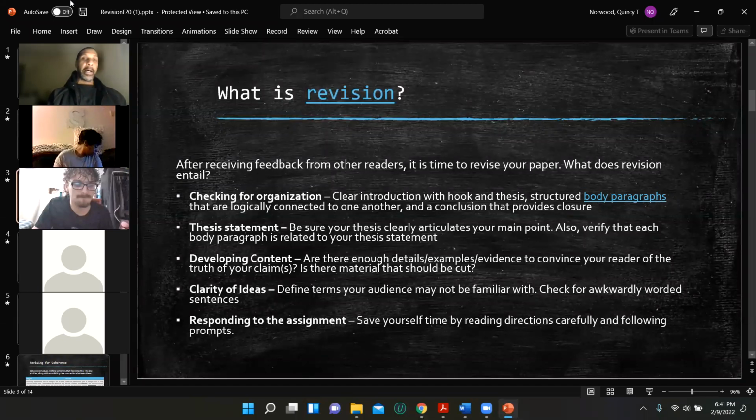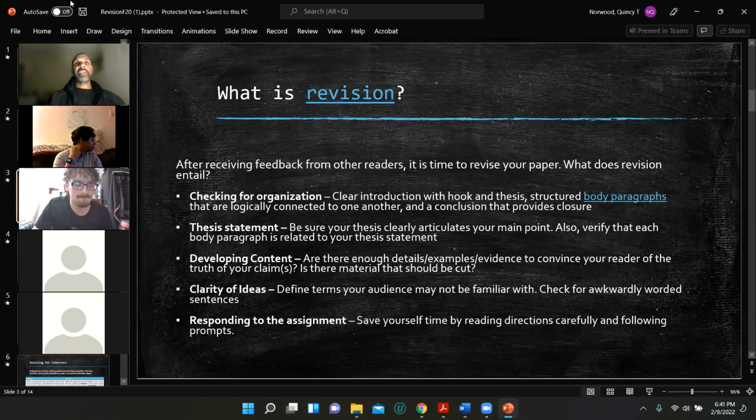Don't have giant, supersized paragraphs, because it's kind of like being in a conversation with someone who isn't giving you time to digest what they're telling you, right? So break it down. When you're switching to a new idea, start a new paragraph, or a new aspect of your narrative, start a new paragraph. Or you could be talking about the same thing, but you just want to give your reader a moment to pause, right? Start a new paragraph. Nothing wrong with that. Okay.